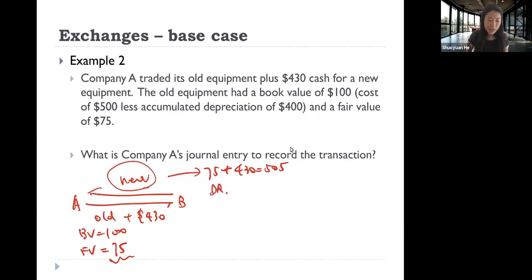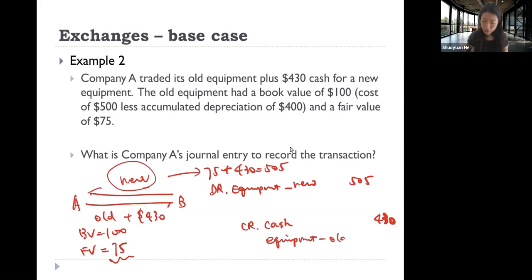So the journal entry here is we debit equipment, new, at a cost of 505. We give up cash of 430. We're also giving up the old equipment, which has a cost of 500, and the accumulated depreciation of the old equipment is 400.